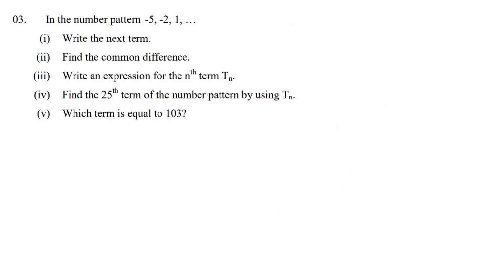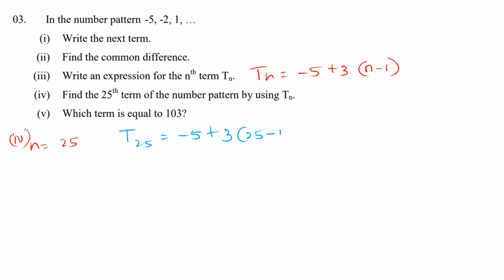Okay, now that we have found the expression for the nth term, Tn is equal to minus 5 plus 3 into n minus 1. So find the 25th term. Here n is equal to 25 for the fourth part, and T25 is equal to minus 5 plus 3 into 25 minus 1.